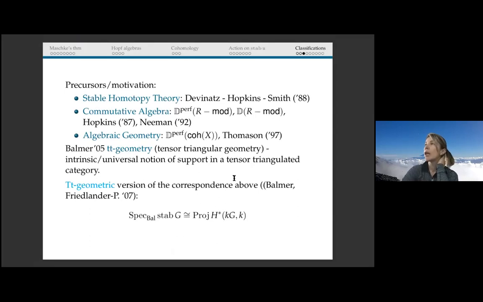This can be put abstractly in the setting of tensor triangular geometry produced by Balmer, and then the one-to-one correspondence for the stable category can be recast as saying that the spectrum of that category is just the Proj of cohomology.